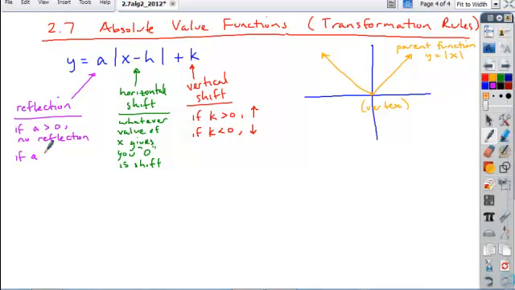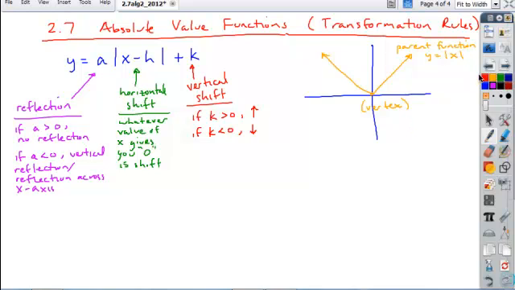And if a is a negative number, there's a vertical reflection. This is also called reflection across the x-axis. So if a is a negative number, then this whole V shape gets reflected across the x-axis, or vertically reflected, and so it would then point down.